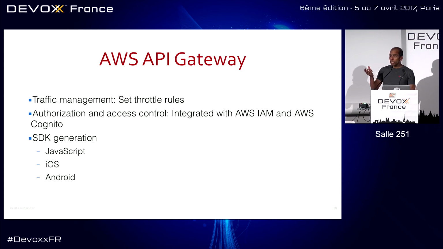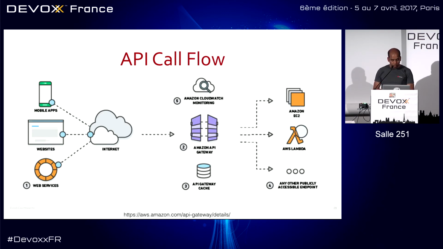And one of the cool things about AWS API Gateway is that once you have configured the API, it will generate your client SDKs, so to say, for JavaScript, iOS, and Android. And then you can start invoking those APIs directly from those SDKs. So what would my typical API call flow look like?